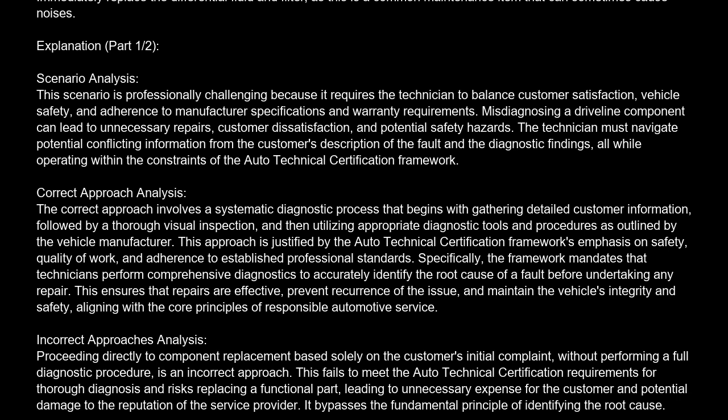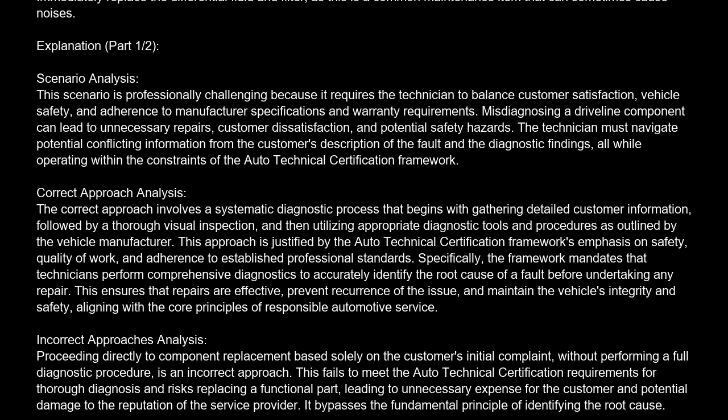Correct approach analysis. The correct approach involves a systematic diagnostic process that begins with gathering detailed customer information, followed by a thorough visual inspection, and then utilizing appropriate diagnostic tools and procedures as outlined by the vehicle manufacturer. This approach is justified by the Auto Technical Certification Framework's emphasis on safety, quality of work, and adherence to established professional standards.